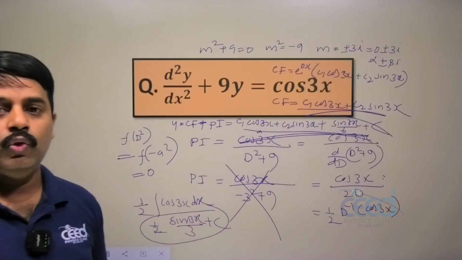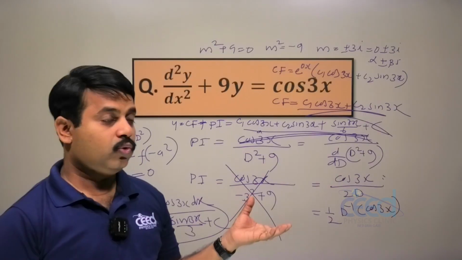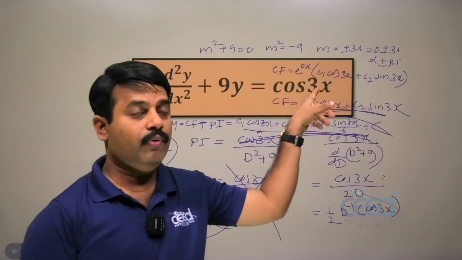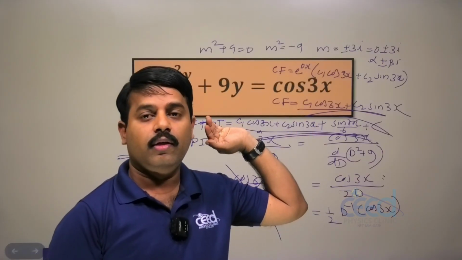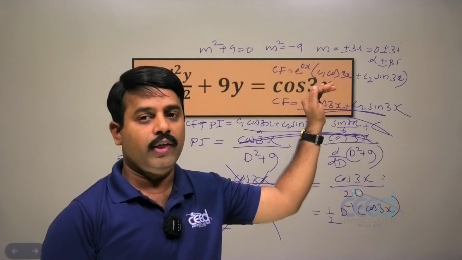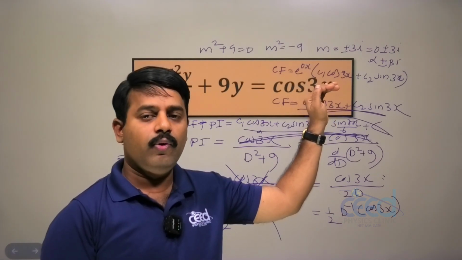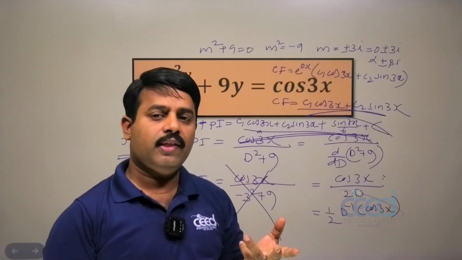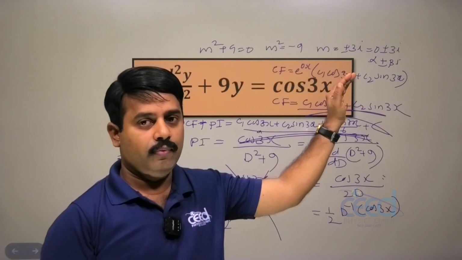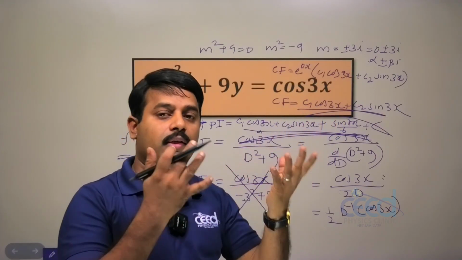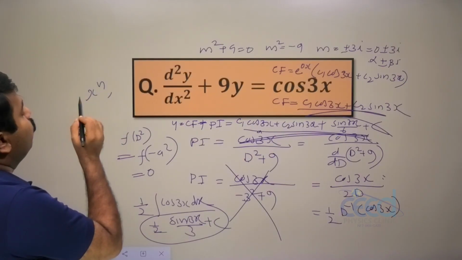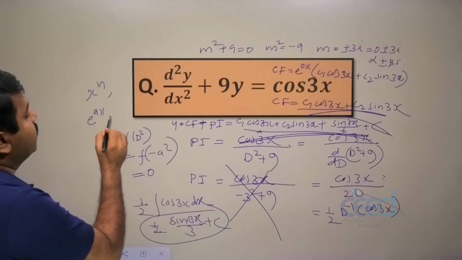Alright. So like this we can solve different problems. If a trigonometric function exists on the right side, or an exponential function exists on the right side, how we can solve, we studied, right? Now in coming classes we discuss if x power terms come on this side, suppose x raised to n, then mixed functions like e raised to ax with x raised to n.